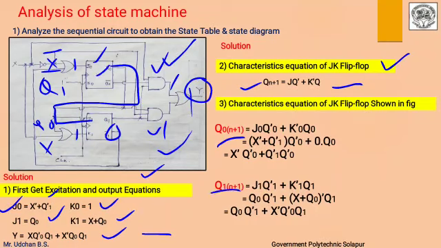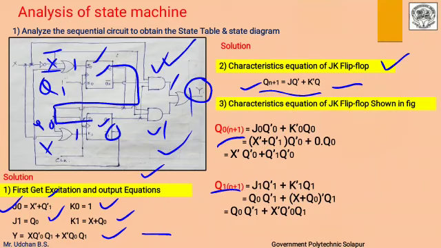For this flip flop the next state equation is Q0 n plus 1, for this the next state equation is Q1 n plus 1. So using this equation I will write the next state equation for Q0 n plus 1 as J0 Q0 complement plus K0 complement Q0.